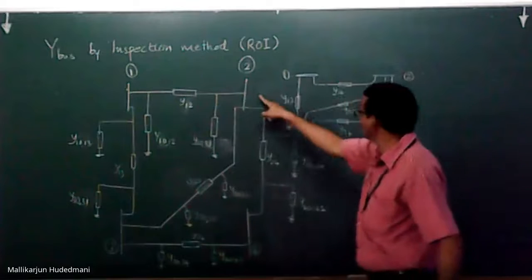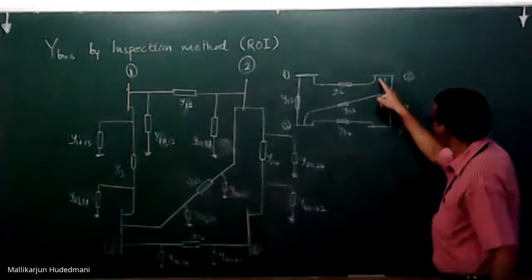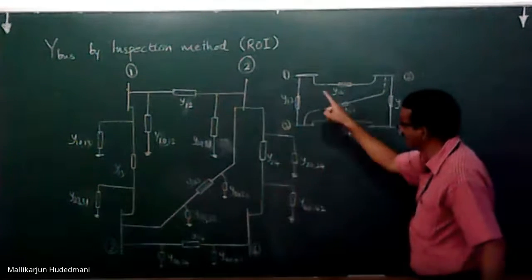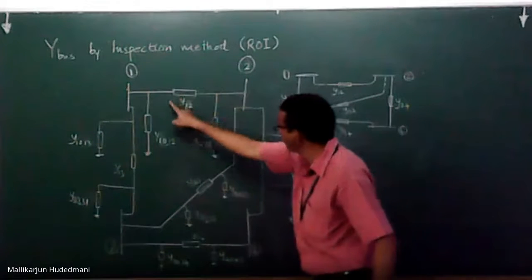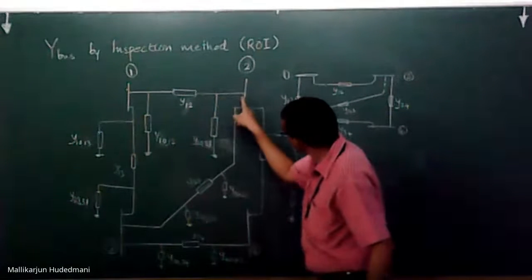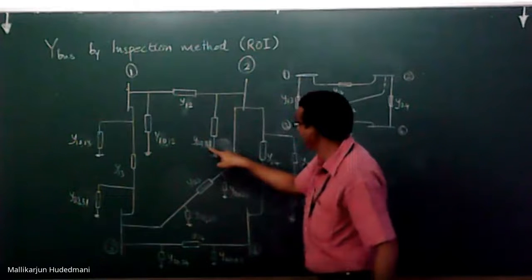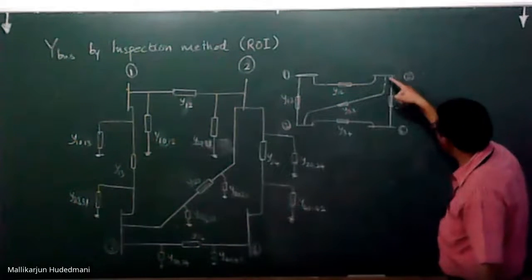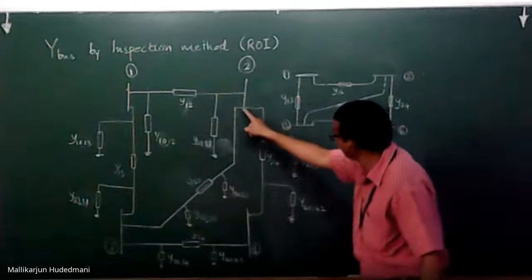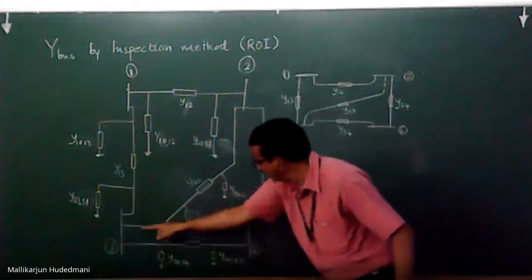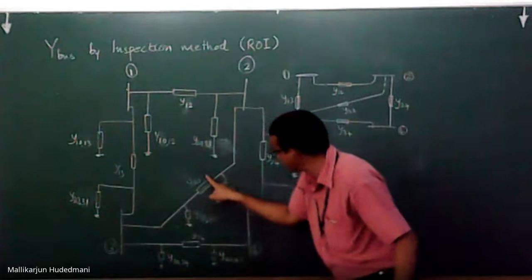Now come to the bus number 2. At bus number 2 you have Y21, same as Y12 you have here Y21, and you have a ground element Y20 21 due to this line. And if I check 2 to 3, I have here Y23, a straight element.